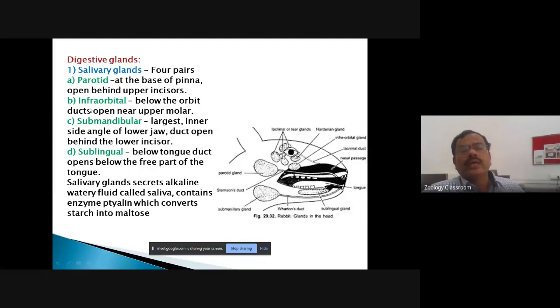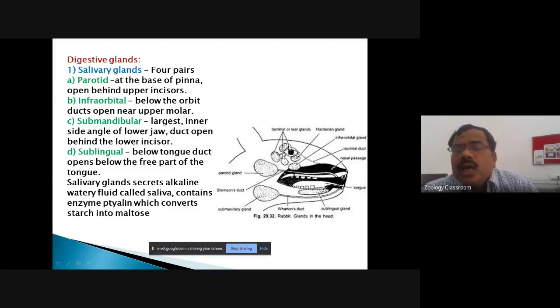Now, second, infraorbital. Here, this is the infraorbital paired gland. The infraorbital is present below the orbit. Orbit meaning the eye orbit. This is the eye orbit. Here some glands are shown. These glands are actually the lacrimal gland and the Harderian gland. So the lacrimal gland and the Harderian gland are associated with your eyes.